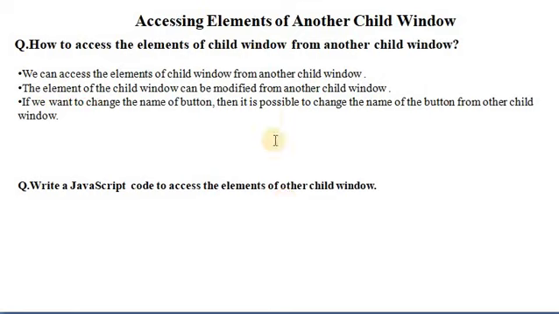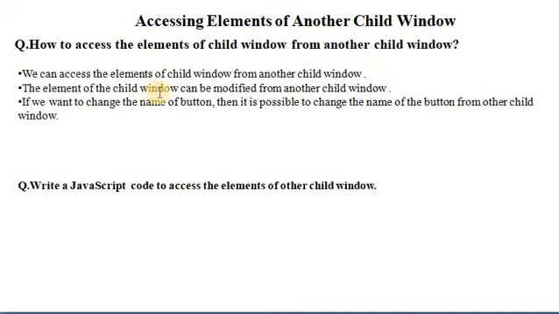Next point is accessing elements of another child window. How to access the elements of a child window from another child window? The answer to this question is that we can access the element of a child window from another child window, which means it is possible to change the element of one frame from another frame.